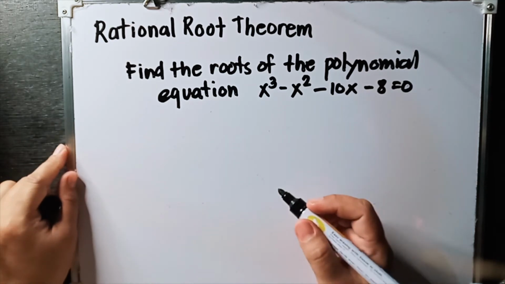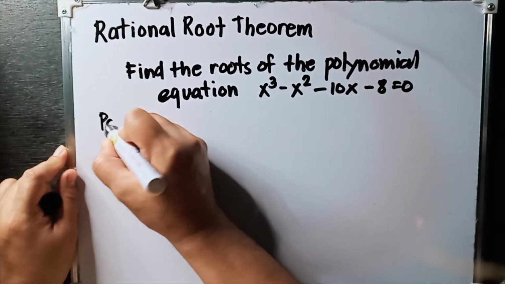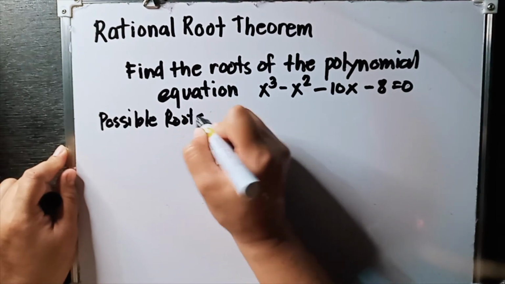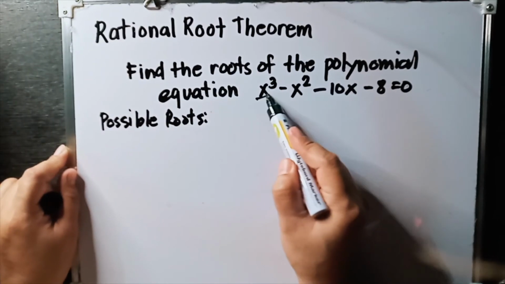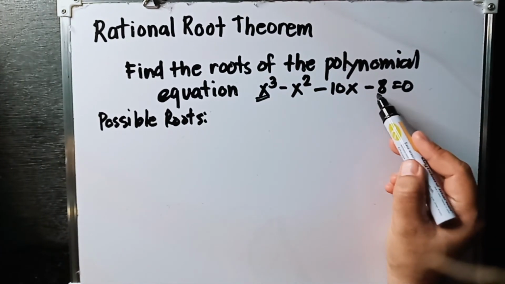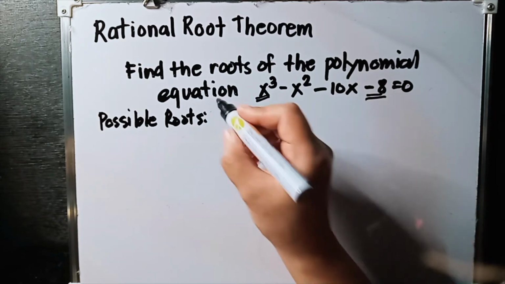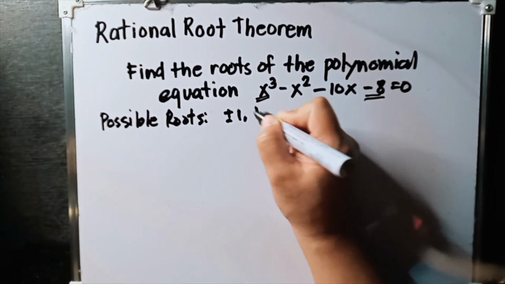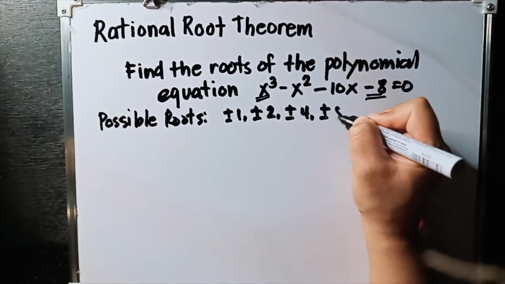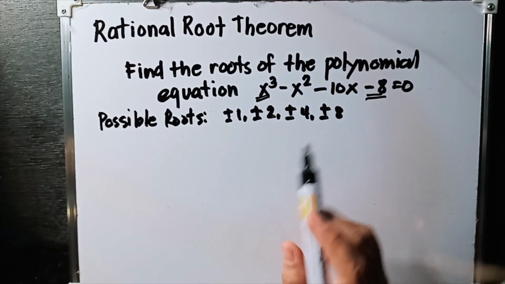We need to identify first the list of possible roots. Since the leading coefficient is 1, the possible roots could be found on the factors of negative 8, which are positive negative 1, positive negative 2, positive negative 4, positive negative 8. So we are going to choose from these possible roots.